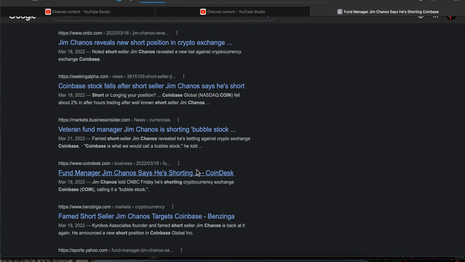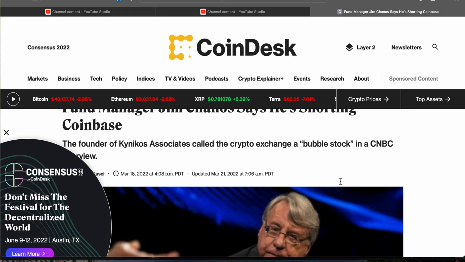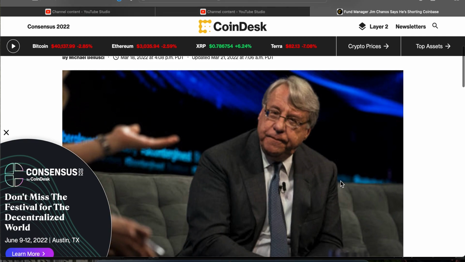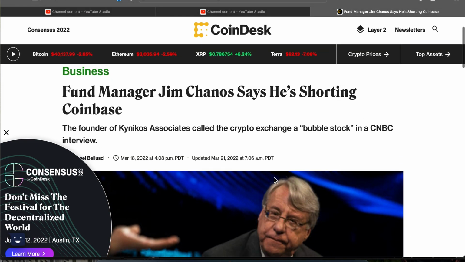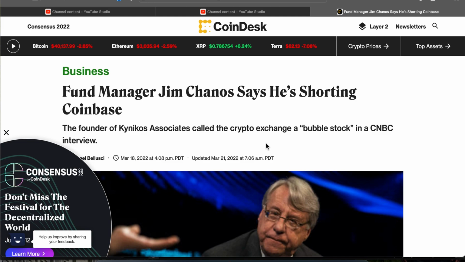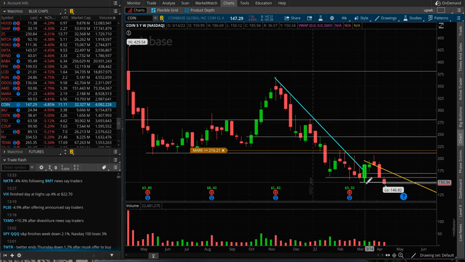He disclosed publicly that he's short Coinbase somewhere around March 18th, so it's been exactly 1 month. At that time the stock was trading at lows around these 150-ish levels. It did go to 200 and then came right back down. So let's see what it does.